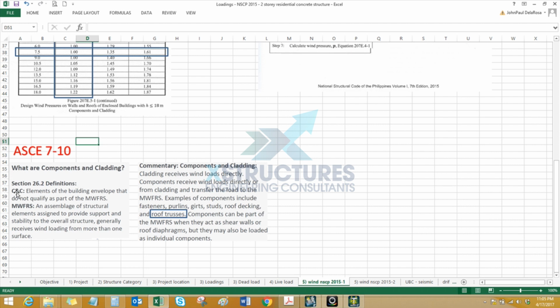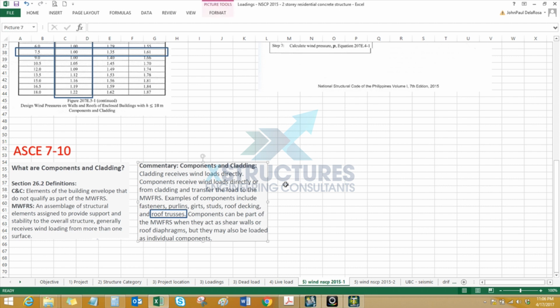So, C&C, which is components and cladding, elements of the building envelope that do not qualify as part of the main wind force resisting system. Main wind force resisting system is an assemblage of structural elements assigned to provide support and stability to the overall structure, generally receive wind loading from more than one surface.